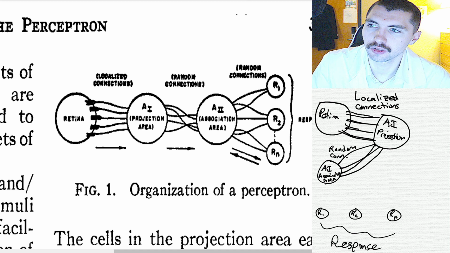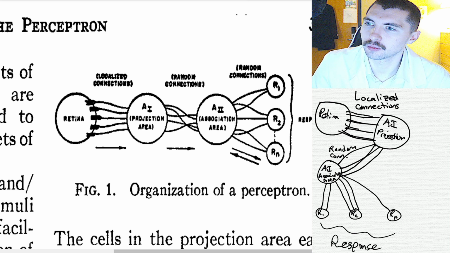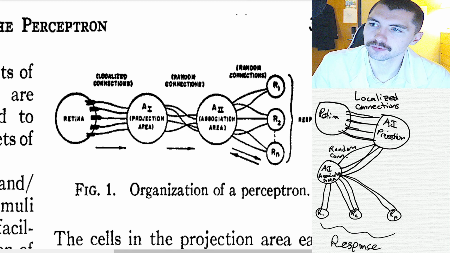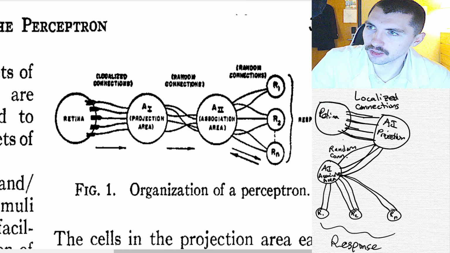So he has 1, 2, 1, 2. If you are paying attention, you'll notice that R2 has 3 connections versus the others. So what might that mean?